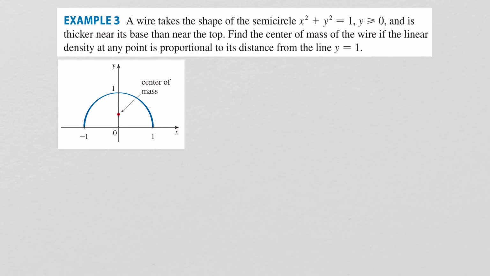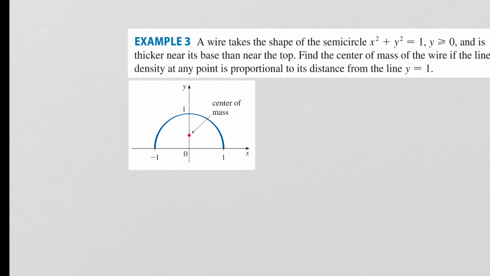So the question is, find the center of mass of the wire if the linear density at any point is proportional to its distance from the line y equals 1. Okay, let's think about the line y equals 1. Y equals 1 is right here.